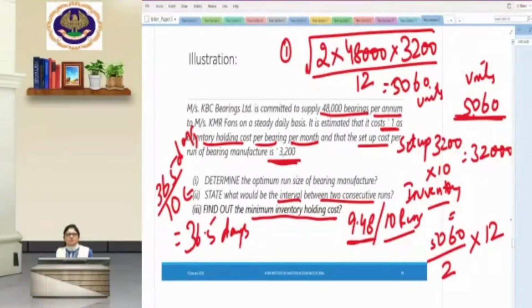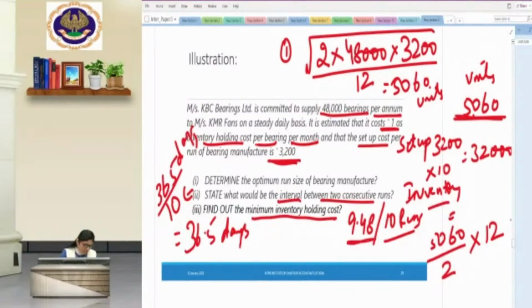So we are assuming average inventory will always be in the stock. 5060 units will not be in the stock the whole year, but we don't know how much will be in stock, so we take the average. We are assuming half of this inventory will be there in the stock the whole year, so that we can calculate the holding cost or carrying cost. Clear? That's why we take average. Average we take 50%. So 5060 divided by 2 into 12.